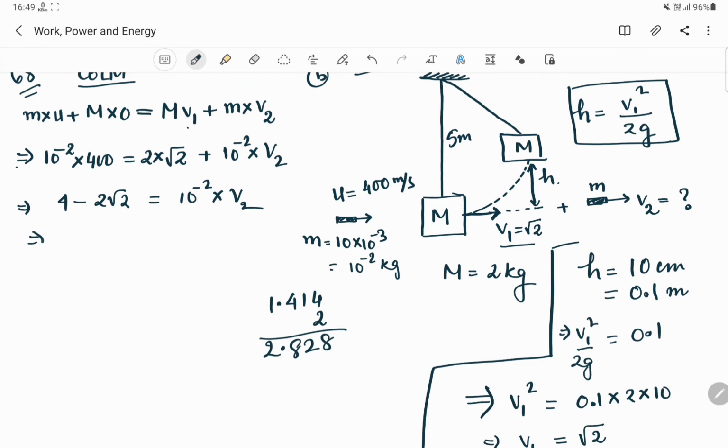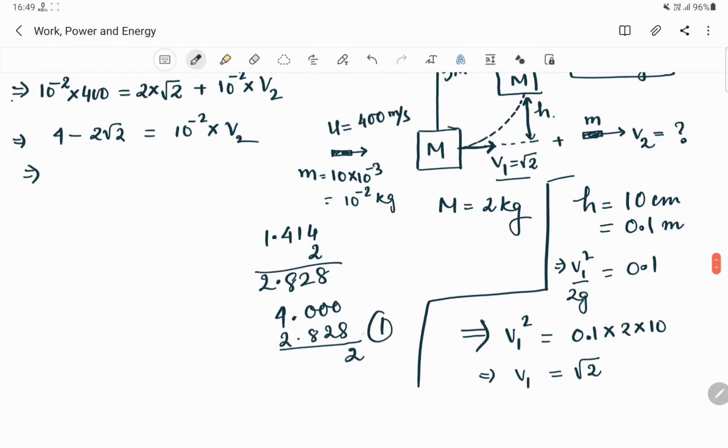So we will have 4.000 minus 2.828, which comes out to be 1.172, and this will be equal to 10 to the power minus 2 into v2. So if 10 to the power minus 2 is transferred to the other side, we will have 117.2 meter per second, and this is equal to v2.